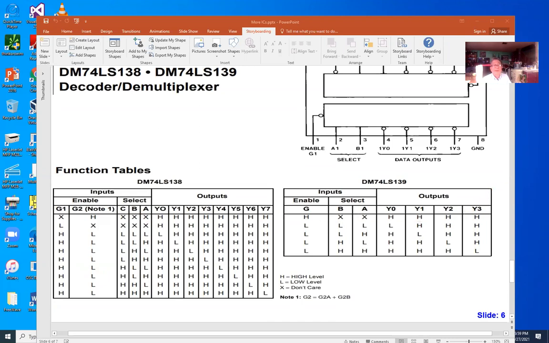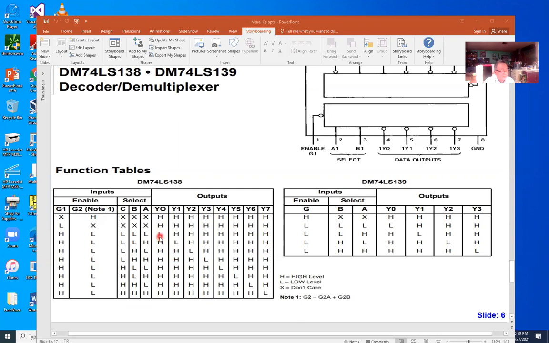I give you an example. If I apply A0, B0, C0, when I'm looking at the output, Y0 will be low. Okay. Got it. The rest must be high.